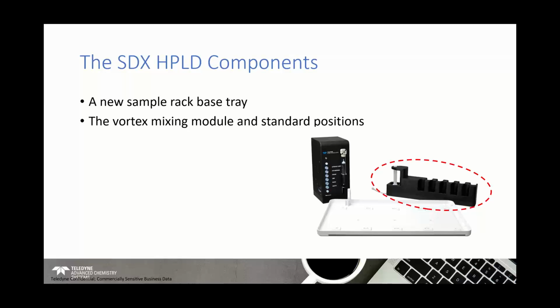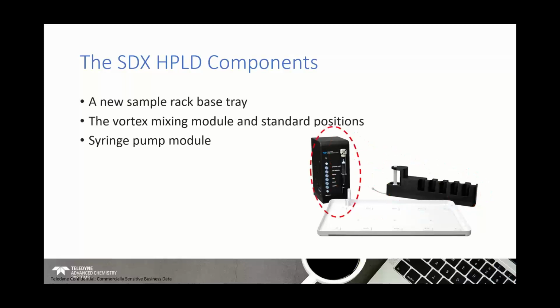These are reorganized so that everything fits together in the place where the standard positions used to be on the 560. Added to that, we've got a syringe pump module. This syringe pump module is responsible for our sample aliquoting and take up of the diluting media that we need, and then ultimately the dispensing of sample media into the vortex vessel.